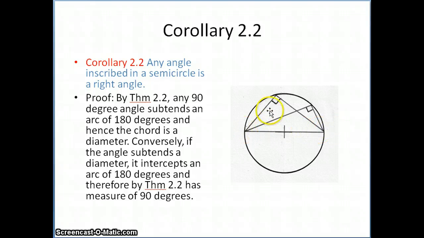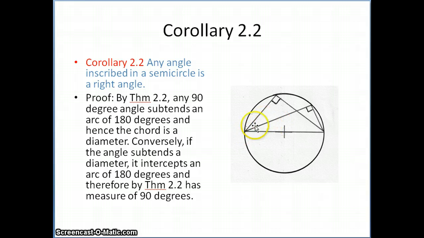So we have to prove two directions. First of all, if this is a diameter, this angle must be 90 degrees. Secondly, conversely, if this is 90 degrees, this chord here must be a diameter.